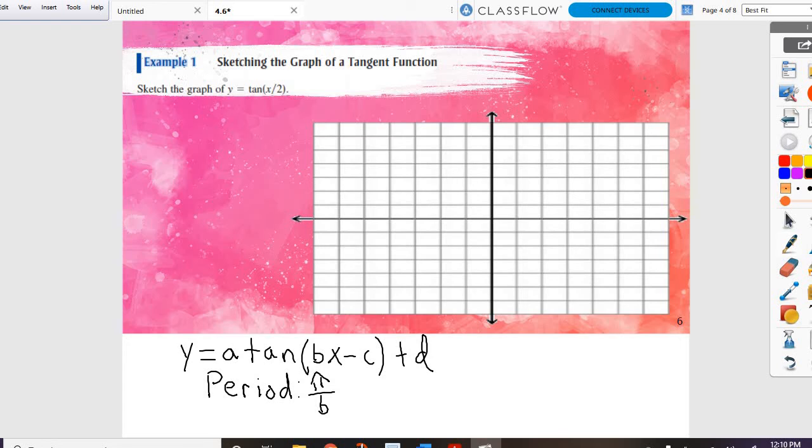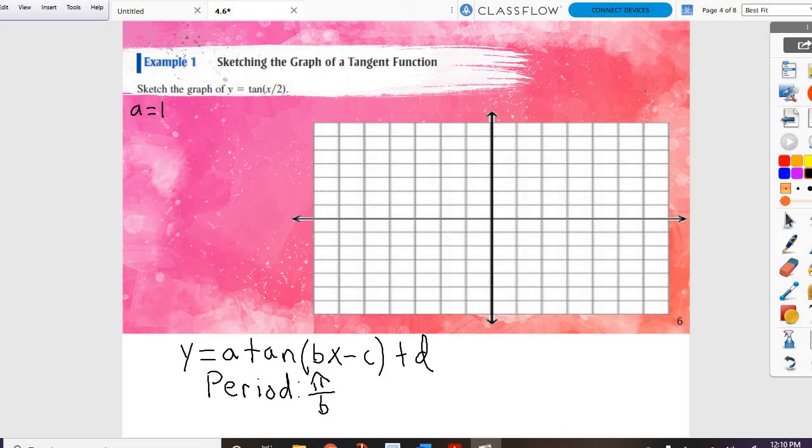So our a value here is 1, which is nice. You don't have to worry about stretching it vertically just yet. And then we don't have any phase shifts. However, we do have a b value. So what is our b value in this case? It's not 2 because remember my b value has to be multiplied. So if I were to change this to multiplication, what would we get?